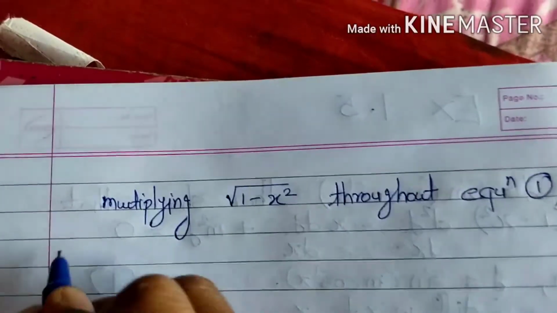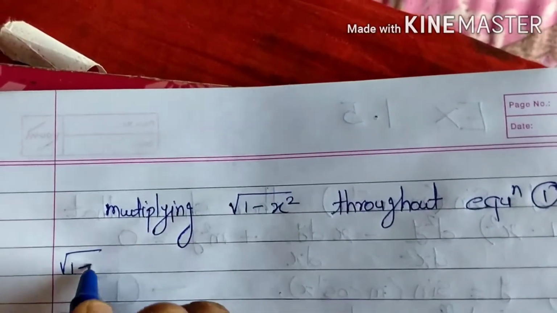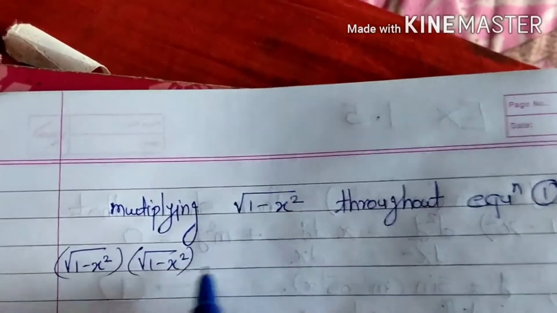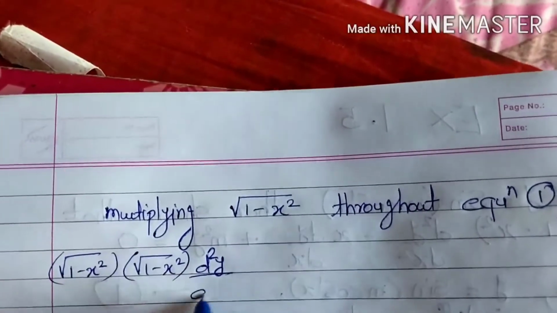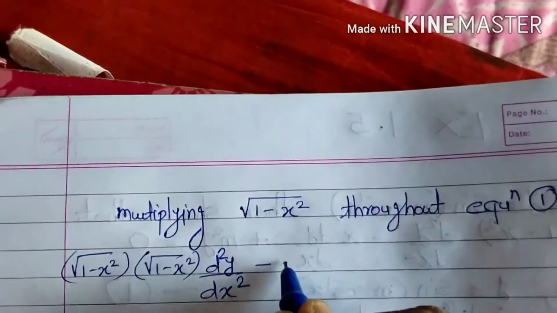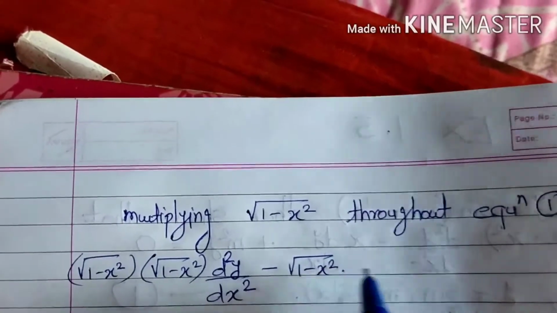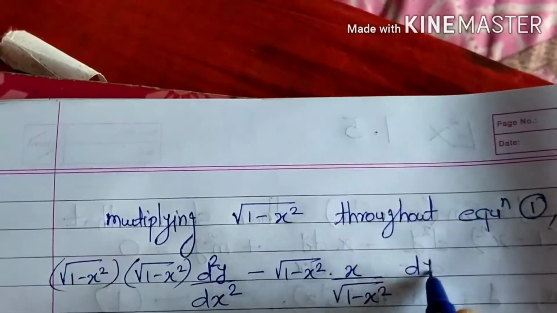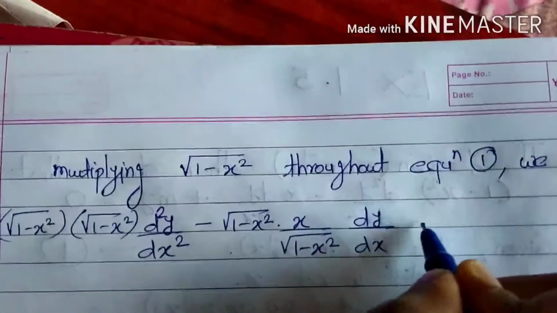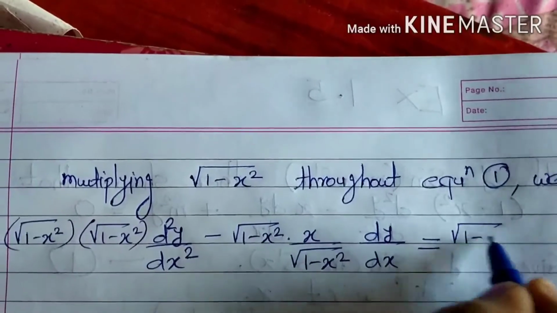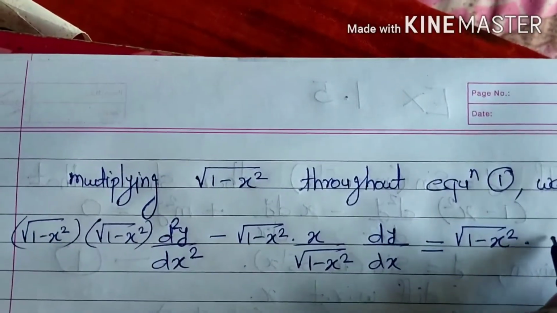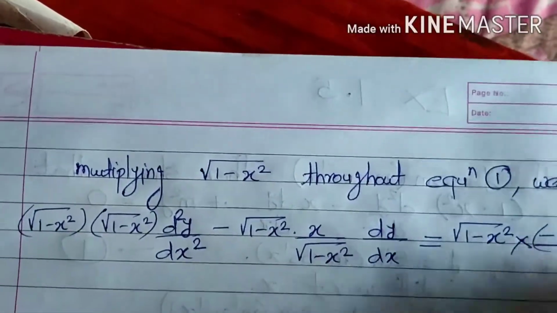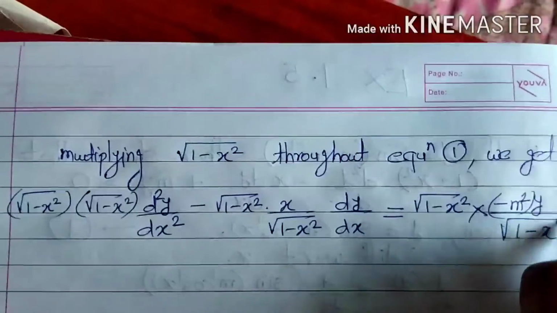So it will become under root of 1 minus x square, and this is under root of 1 minus x square d2y upon dx square minus under root of 1 minus x square into x upon under root of 1 minus x square into dy upon dx is equal to under root of 1 minus x square into minus m square y upon under root of 1 minus x square.